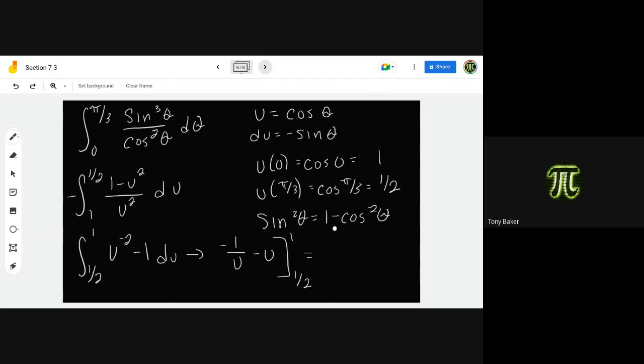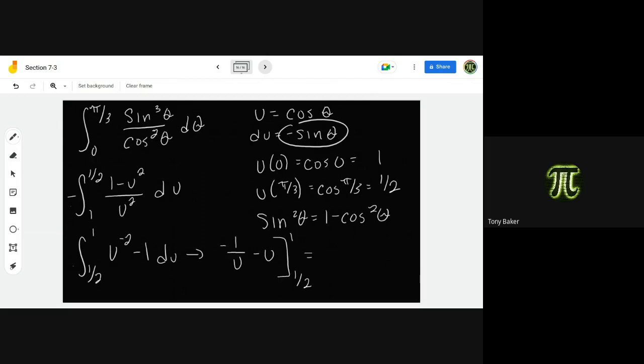All right, since I'm running out of space, I did drop the negative. Wait, where did the negative sign come in the first place? Oh, wait, yeah, negative sign.